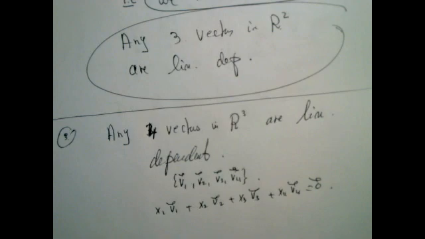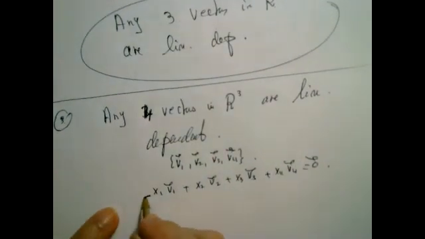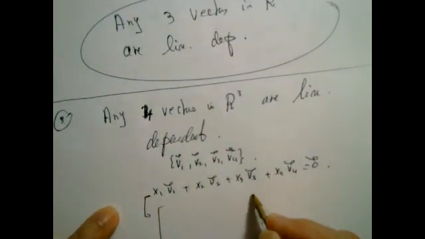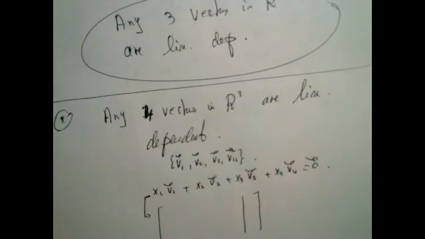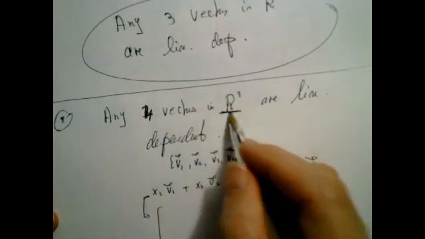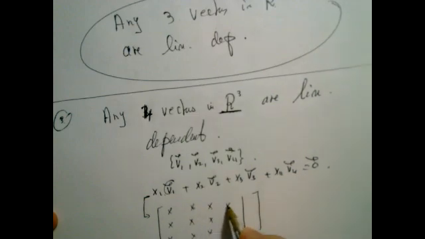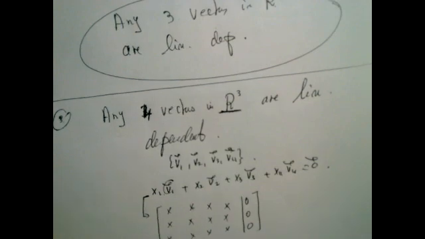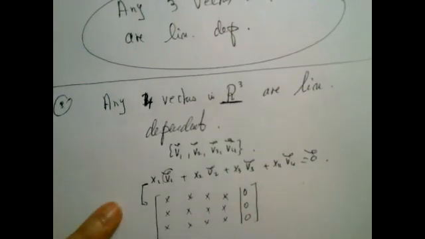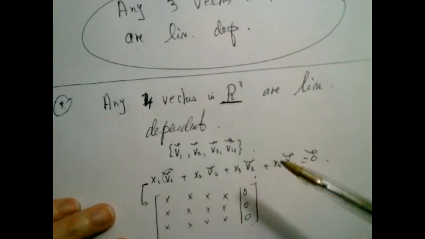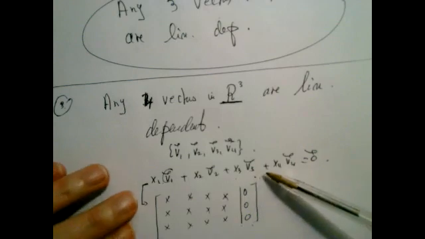Yes, it's the same logic, because this will generate a system of how many equations? If my vectors are in R3, each one of the vectors has 3 entries. So I'm going to end up with 3 equations, and I have 4 unknowns. And that's a homogeneous system. I don't have a consistency issue. So I have 3 equations and 4 unknowns.